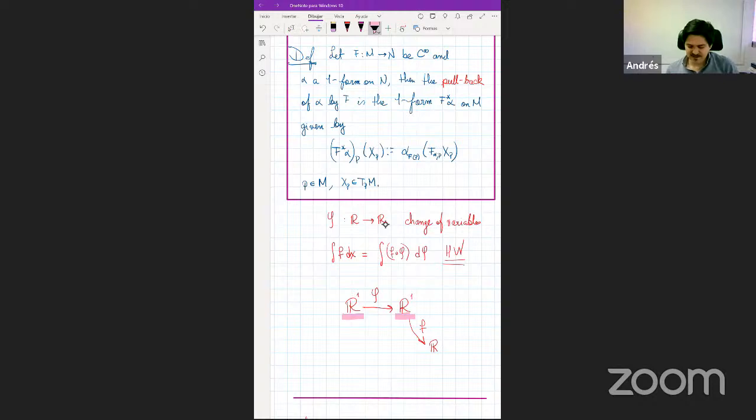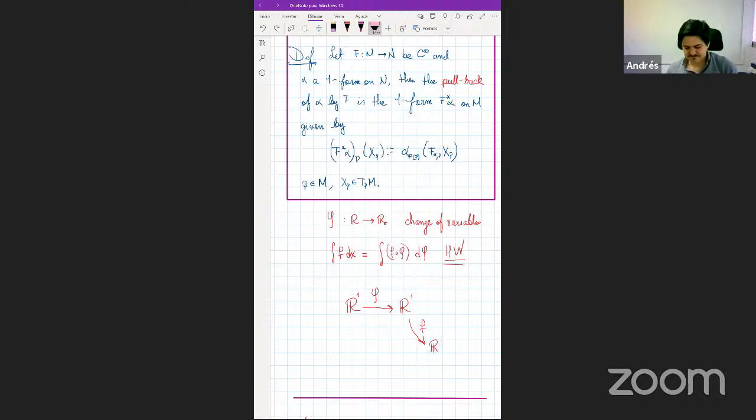This is your manifold. So I want to think of this as the change of variables, not as a real valued function. And this is the real valued function that you would like to integrate.